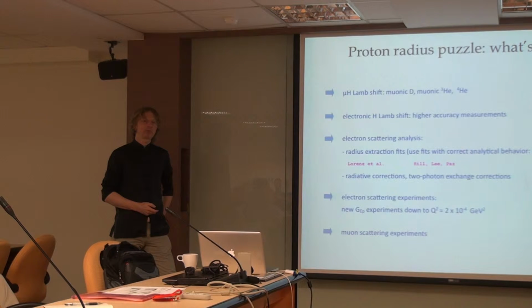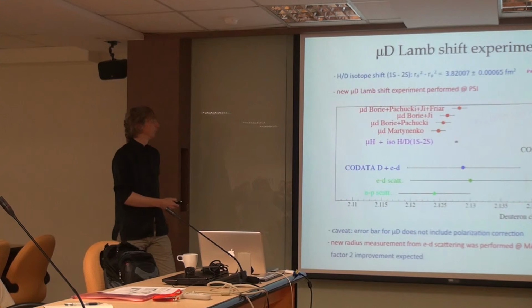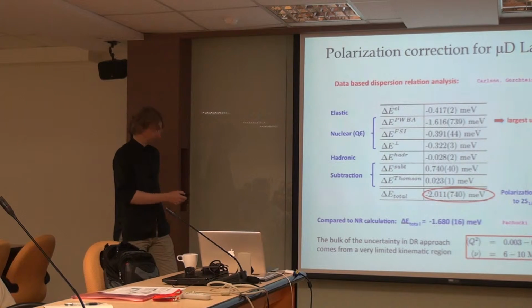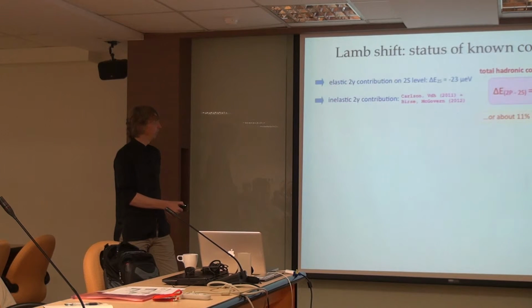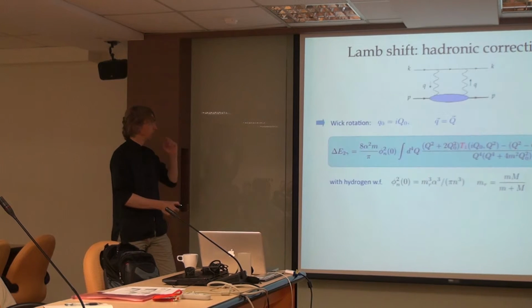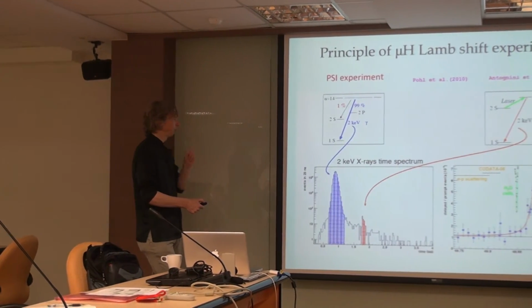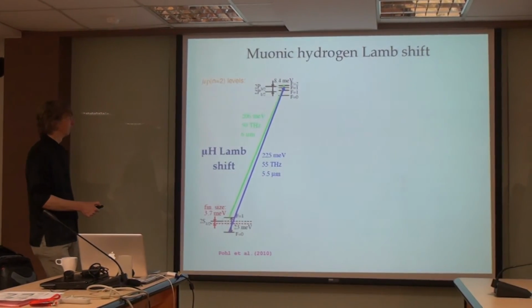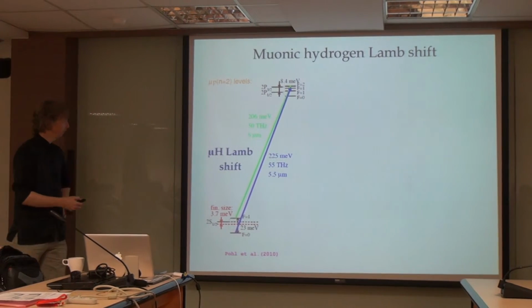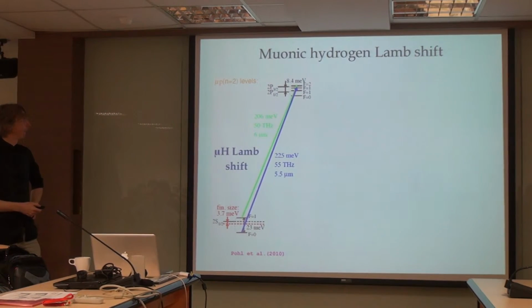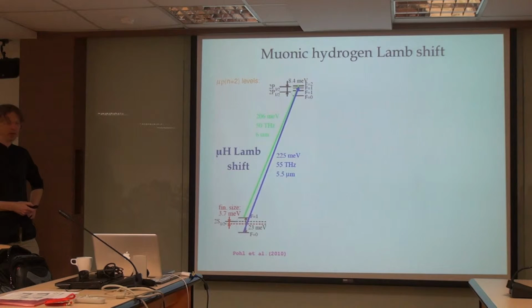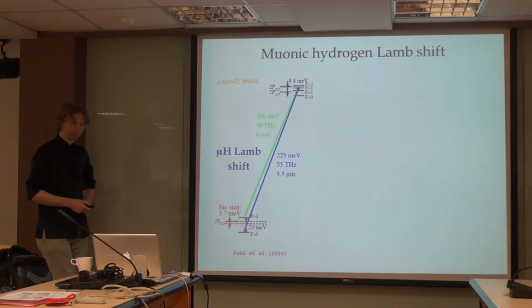It seems that the magnetic radius is fine, but the electric one is not. So the calculation about the two-photon exchange, yes. Do you have to worry that if you have a big effect in the charge radius, then you also have a big effect in the magnetic radius? Then you will spoil the agreement.